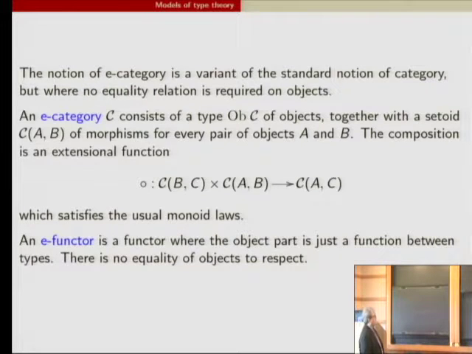And then we have an E-functor. The object part is just a function between the types, so it doesn't have to respect any equality, there is none to respect actually. It can just ignore that part, but it should be extensional on the morphisms.